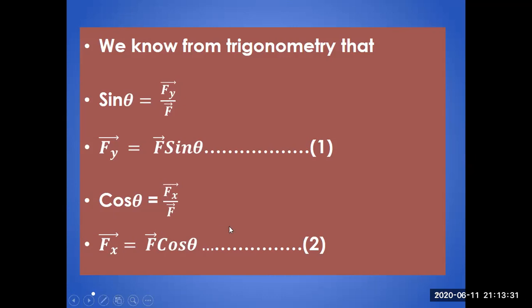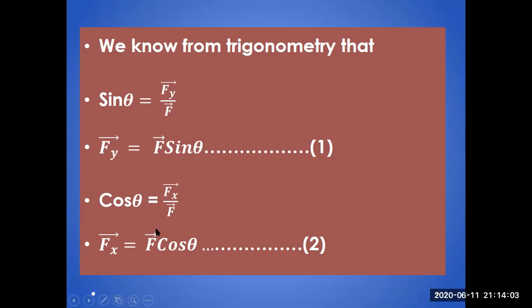Suppose you are given a problem. A force of 20 Newton is acting and makes an angle of 30 degrees along the x-axis. You will place the value of the angle here, 30 degrees. Then find the horizontal and vertical components. For the vertical component, you will multiply the 20 Newton force with the value of sine 30.